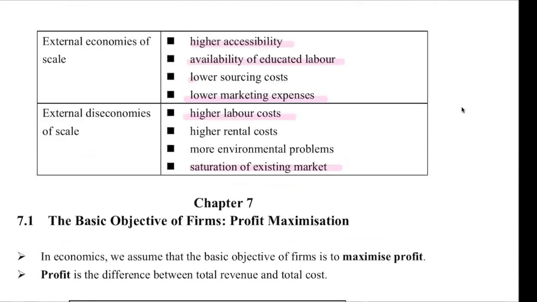Then this one, higher rental cost, is the opposite of higher accessibility. Higher accessibility means the companies concentrate in a circle area, maybe in a street where most of the shops sell sports shoes. The good thing is it's easier for transportation services and easier for consumers to access.